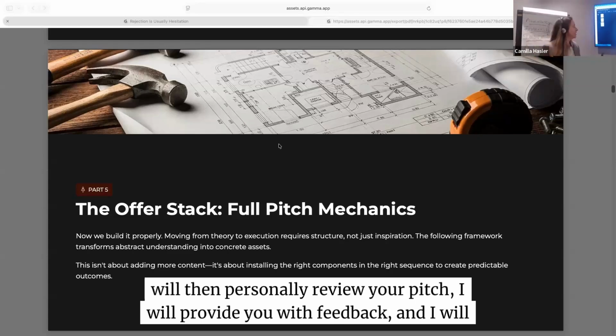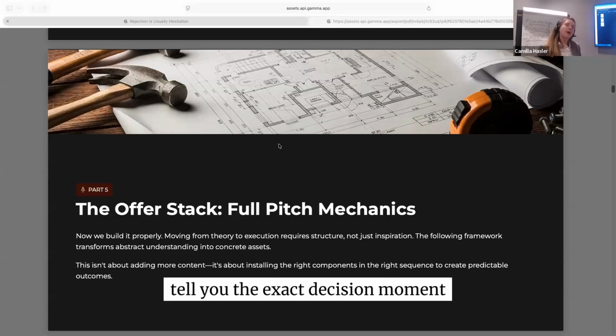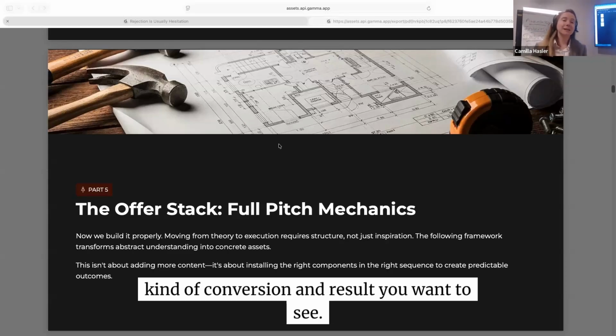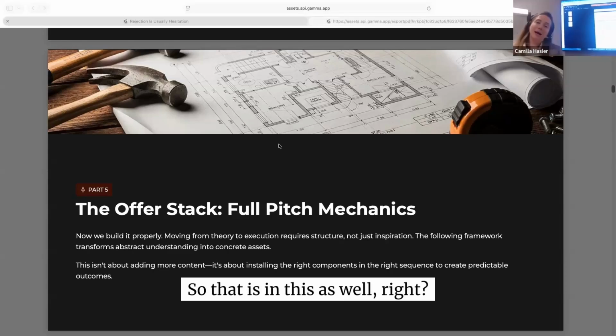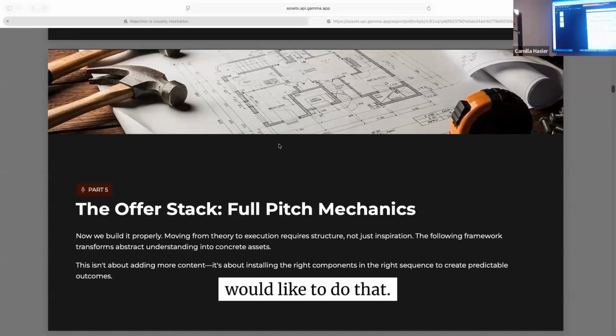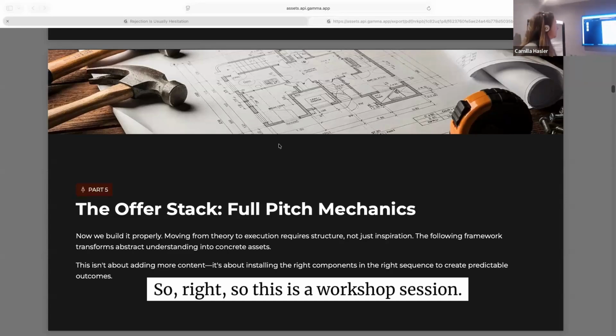I will provide feedback and tell you the exact decision moment you need to add to your pitch to deliver the conversion and result you want to see. So feel free to consider that once you have your self audit. This is a workshop session.